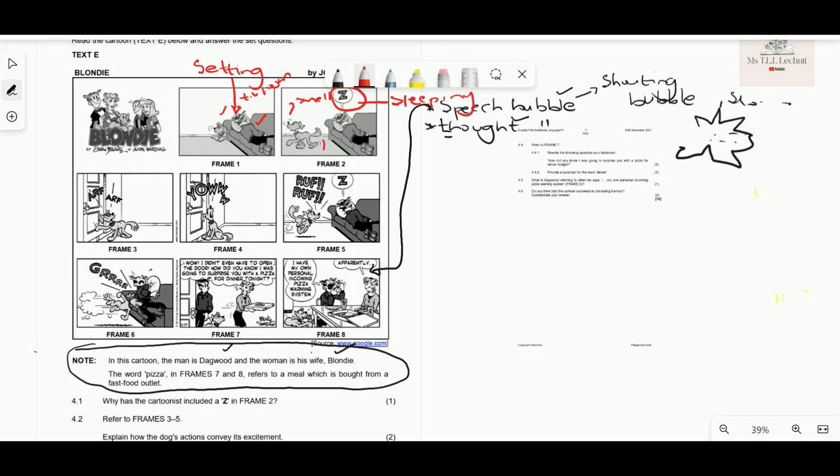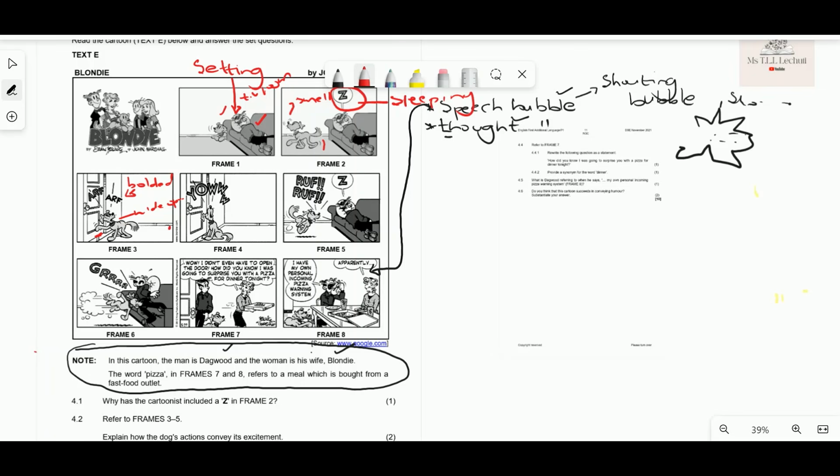You mention that the words there are bolded to indicate that the dog is barking. You can also see that it's scratching the door, and its mouth is wide open. That's how you analyze a cartoon. The mouth is wide open and it's facing the direction as if it wants to wake Darkwood up.